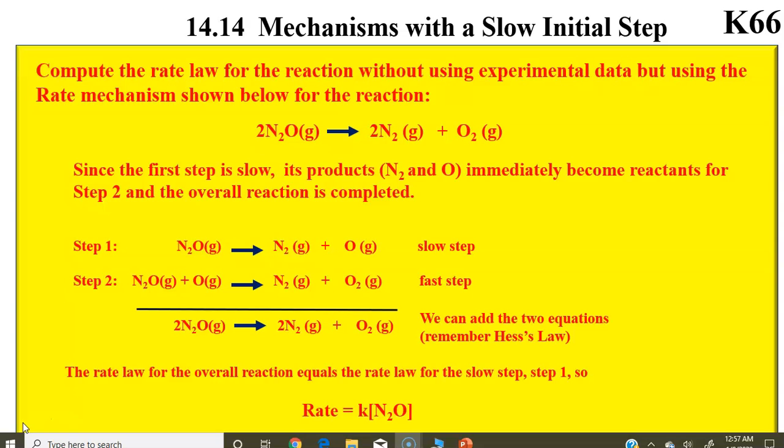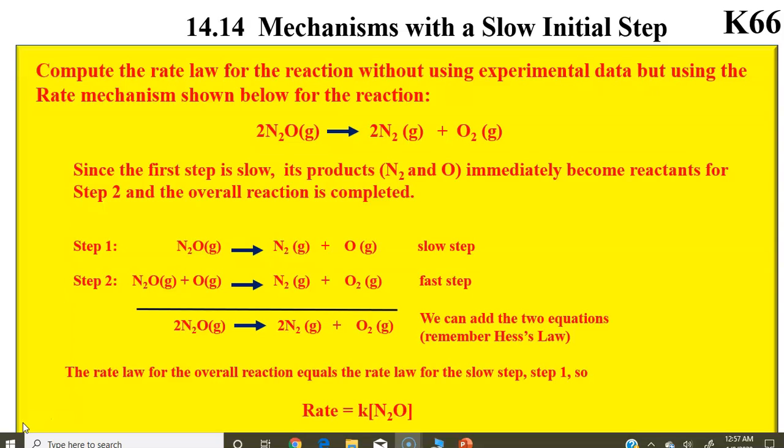So step 1 is the slower of the two. As soon as its products are produced, they're immediately going to be used by step 2 to complete the overall reaction. Now convince yourself that that overall reaction, 2N2O produces 2N2 plus O2, is the sum of the two reactions above, using the same principles we used for Hess's law, just by adding the two elementary reactions.